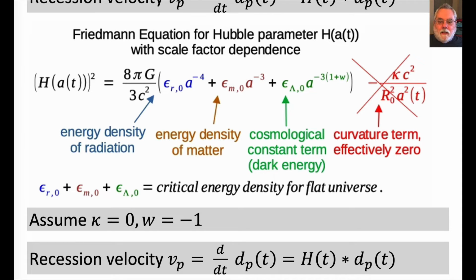So the recession velocity is the product of the Hubble parameter, which decreases with time, and the proper distance to some galaxy, which increases with time. So we need to determine whether the recession velocity increases or decreases with time.